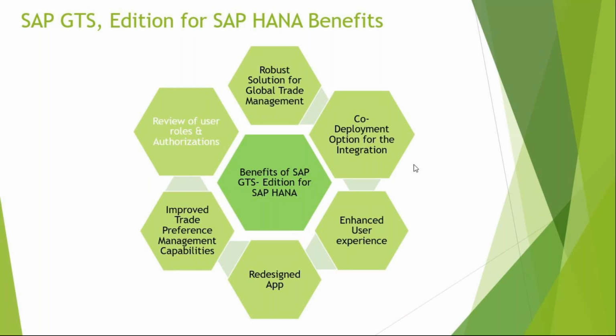So let's understand at a high level that if companies are going with the co-deployment option, then they do not require a standalone system for SAP GTS. In this case, SAP GTS will be using the same HANA database of S4, but with a different client.